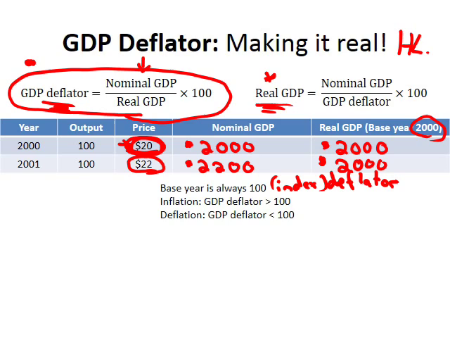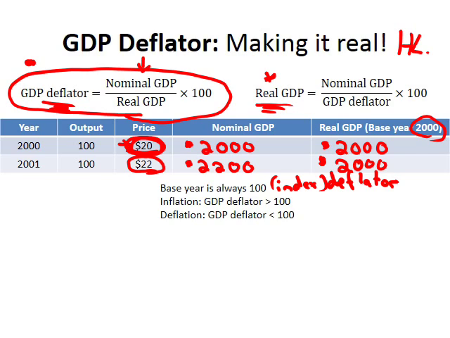Now, how can we interpret the data from this? Most data is given in real terms because it doesn't muddy the situation by including inflation. So when we see that the real GDP in 2000 was $2,000 and the real GDP in 2001 was $2,000, we know for sure that output remained constant. This is important because then that will also help to determine unemployment and employment and many other factors, but we know that output remained the same.